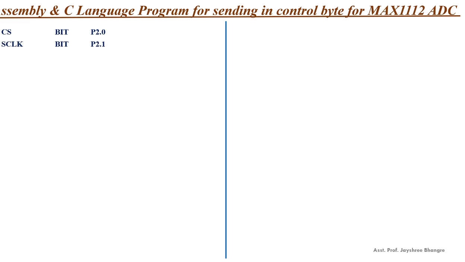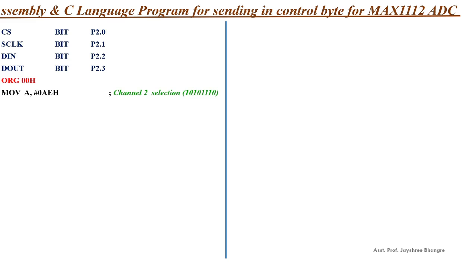Then P2.1 is named as the serial clock pin. Then P2.2 is defined as the D in pin, where we have to send the control byte. Then P2.3 is defined as the D out pin, where we get the digital data out of the ADC chip. So here is our main program.